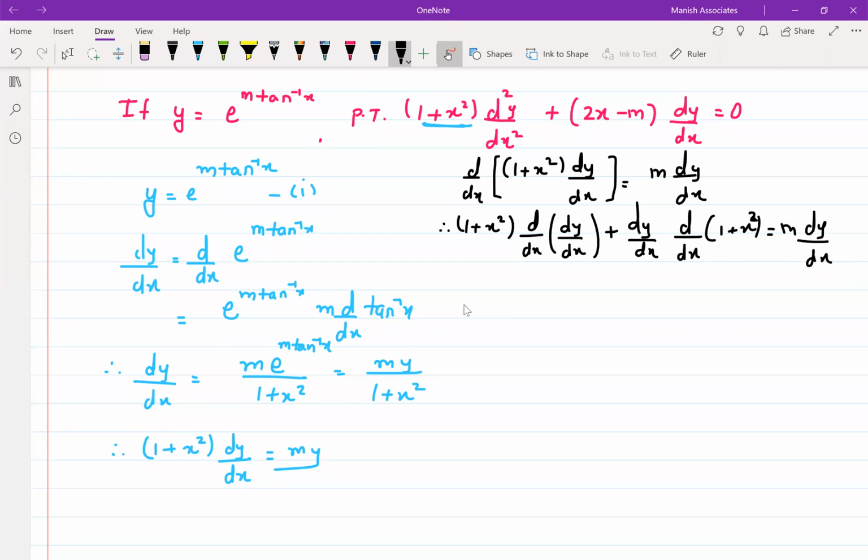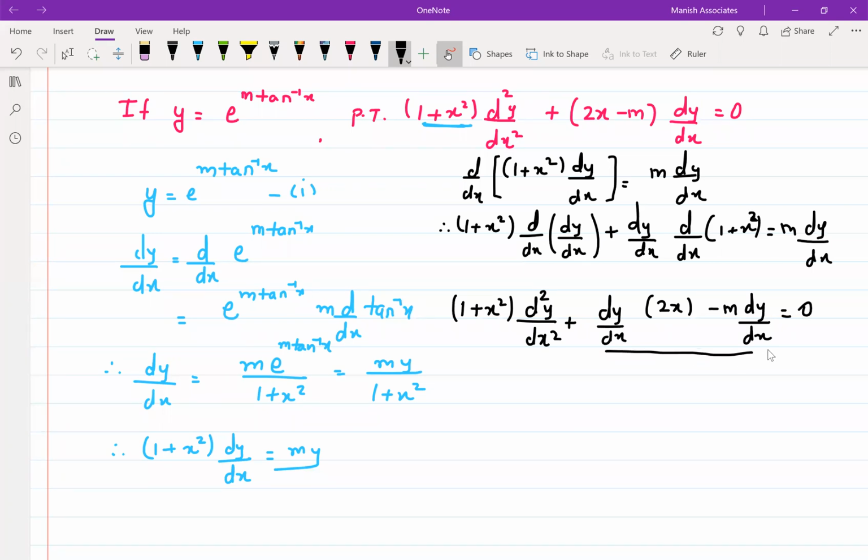Now, 1 plus x square, derivative of first order is second order, plus dy by dx. 1 plus x square ka derivative is 2x. Shift that other term from RHS to LHS, so we get like that. Now from these last two terms, remove dy by dx common outside. And this is your required answer.